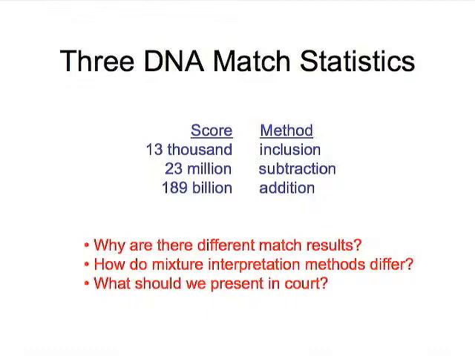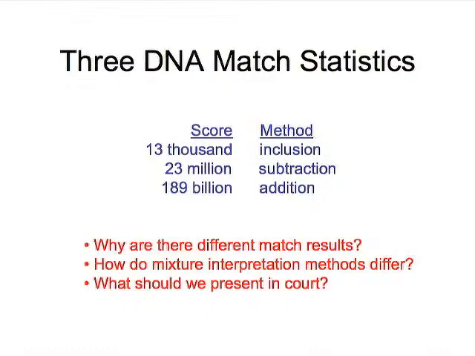There were 3 DNA match statistics. The inclusion statistic, which is just, are these pairs of alleles included in what we're seeing in the data? And from Bayes' theorem, you already know there's danger with just trying to infer directly from the data without using a little bit of mathematics like Bayes' theorem. I'll show you how that worked. It was 13,000.